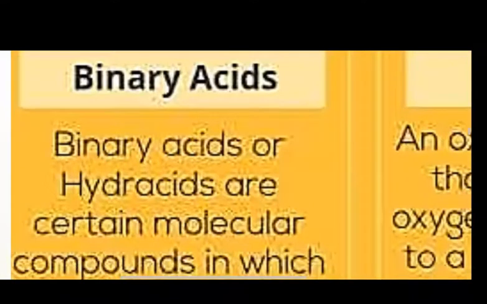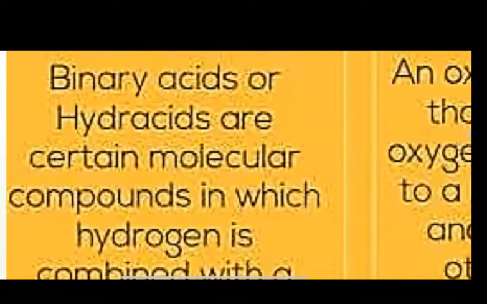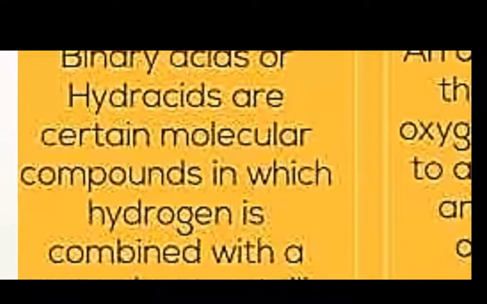Hydroacids have hydrogen in them, that's why they are known as hydroacids. Hydroacids are the acids containing hydrogen and any non-metallic element other than oxygen, because they don't consist of oxygen.